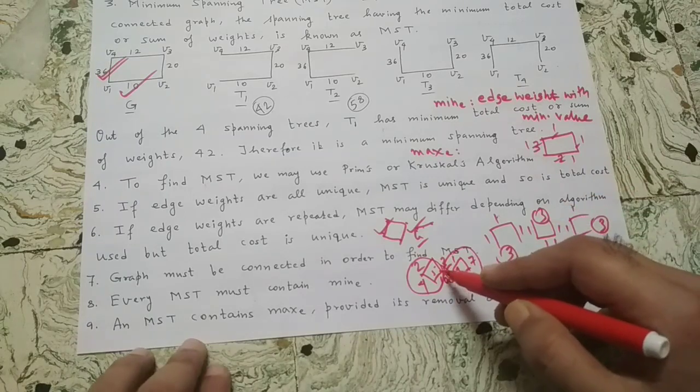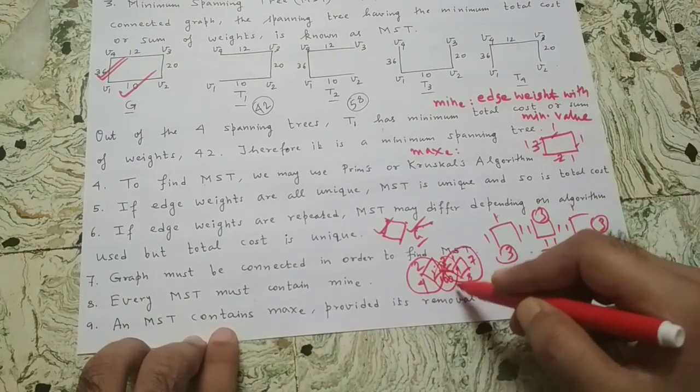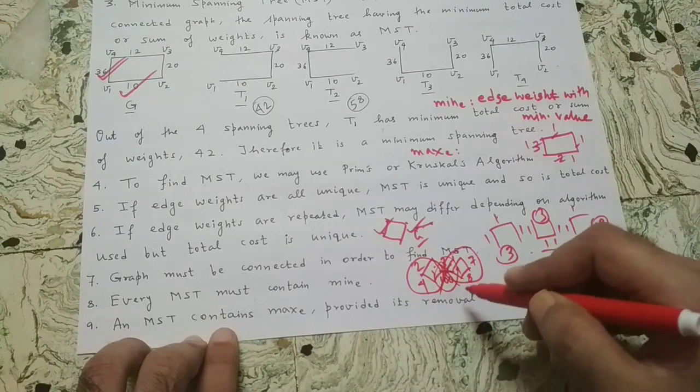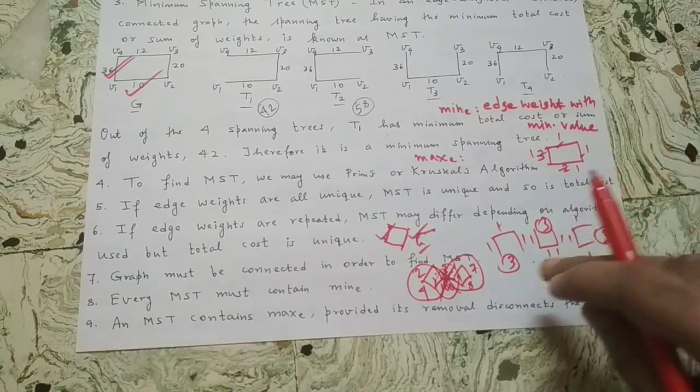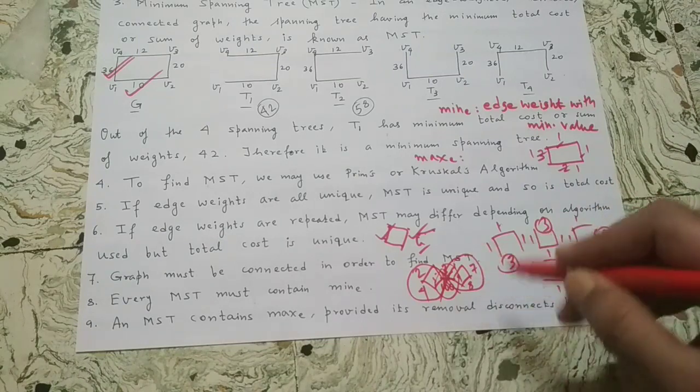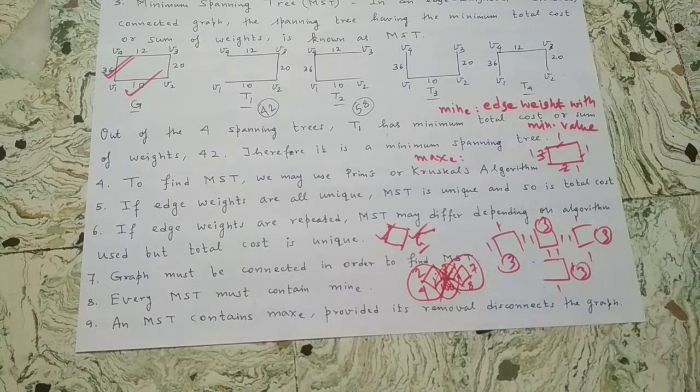If I do not include this edge having a weight of 100, then this entire graph becomes disconnected. Okay, so I hope these points are understood.